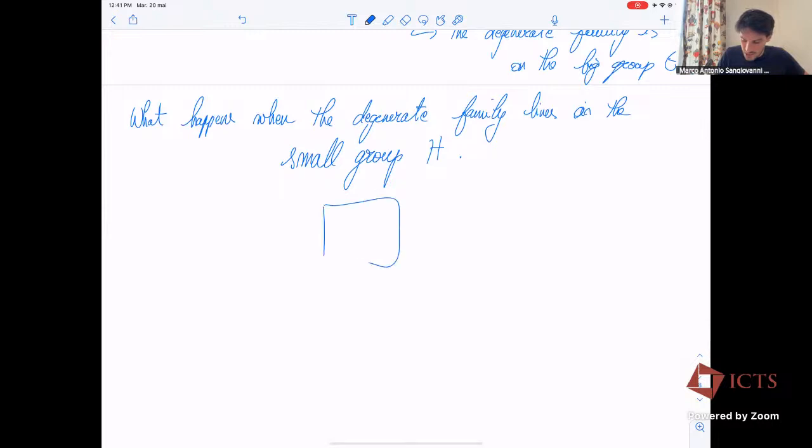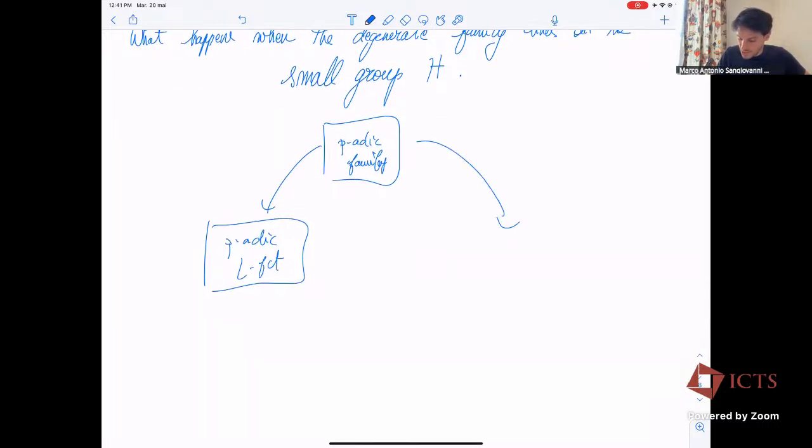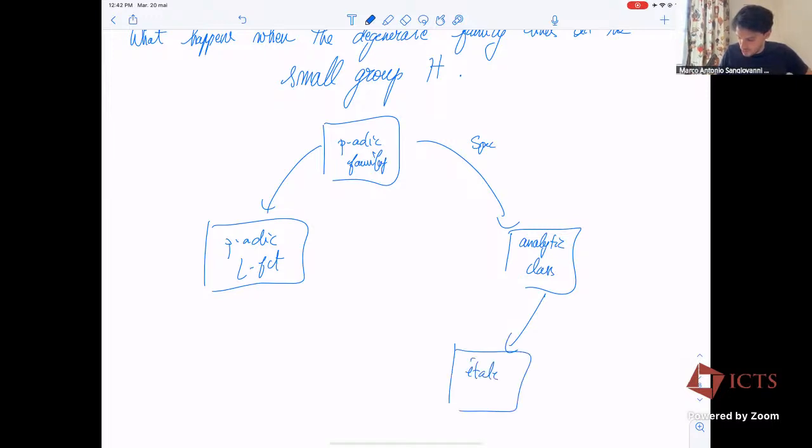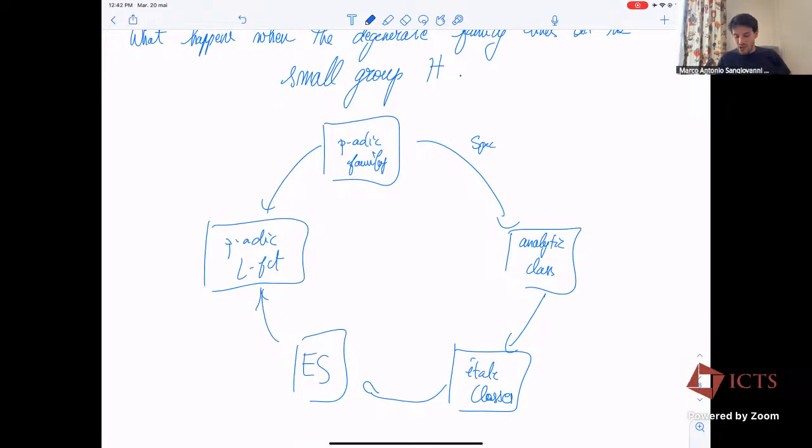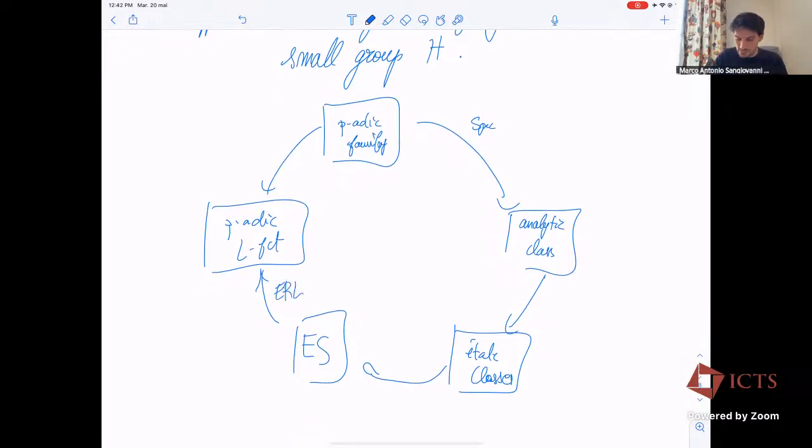So in my arrows here, I had the p-adic family. Here I had my p-adic L-function. Then here I had the specialization. So analytic class, and then I went to étale classes, and then here I had the Euler system, and then here I go back with the explicit reciprocity law. So what changes?